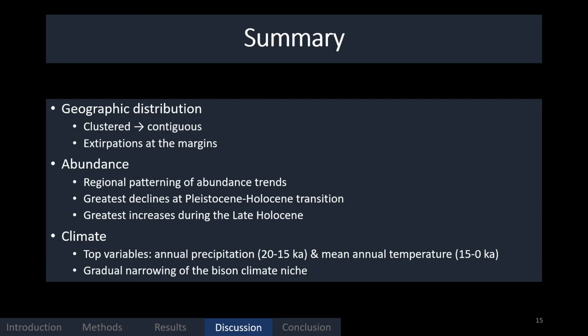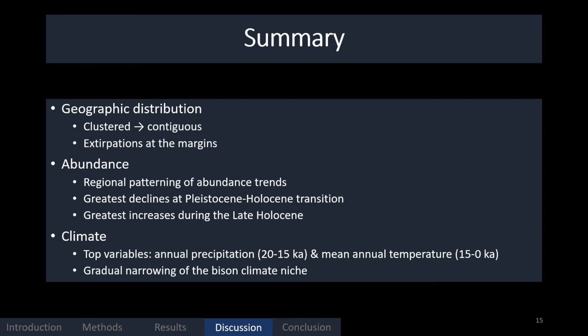So to summarize our data and analysis, over the past 20,000 years, the geographic distribution of bison went from regionally clustered to contiguous and kind of clumps in the Great Plains and Northern Rockies. The abundance of bison followed regional patterning trends, especially since the Pleistocene-Holocene transition, where the greatest declines were at that transition and the greatest increases were experienced during the late Holocene.